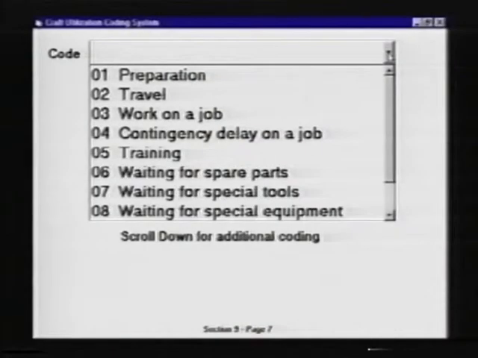The exhibit that you are now looking at, which incidentally is also in your notebook, shown as page 7-1, originates from the craft utilization coding system, which is on page 7 of the notebook.